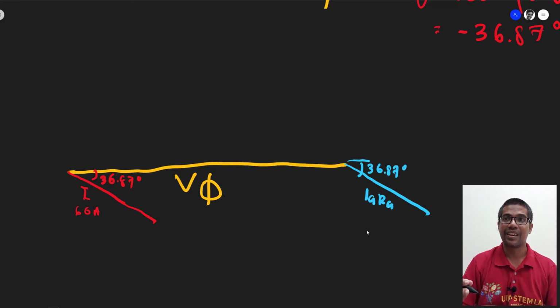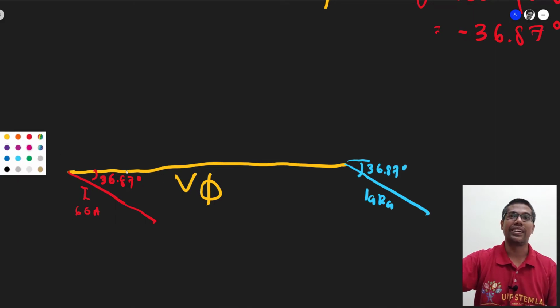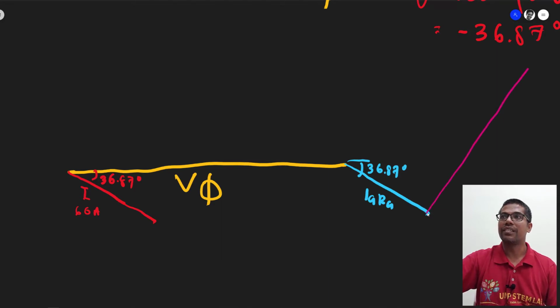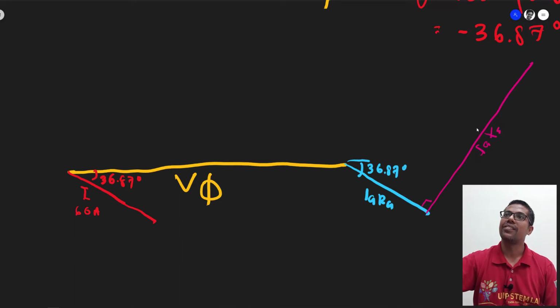Then after we got that, let's change to another color, and then we got another one from that point at 90 degree. This will be IA XS, at 90 degree.